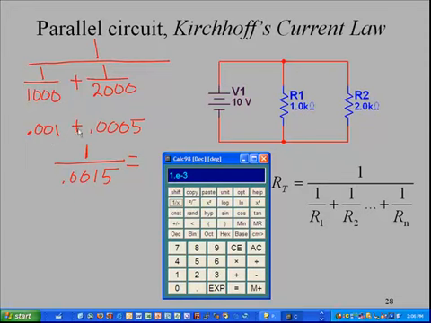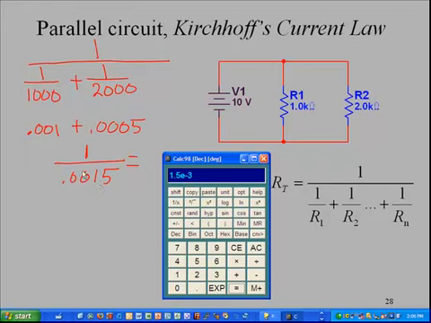And then we're going to be adding it, so let's go plus, and we'll say 2,000, and we'll do the same thing, 1 over x, and then let's look at our equal sign and see what the total is, and that's 1.5 thousandths, and so that is this value right here.